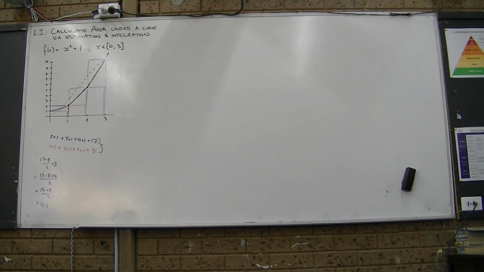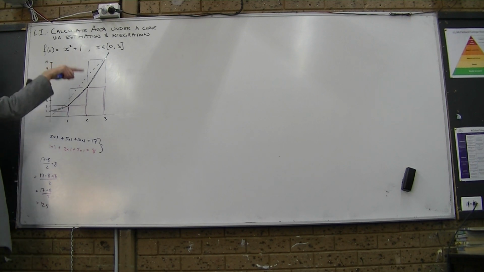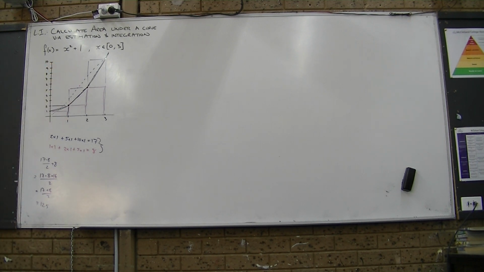So, the way that you tell, the rectangle will touch it on this side. So the point of interest for all the blues is on the right side of the rectangle. Now, at the end of the day, it doesn't really matter that much because you're going to do one or the other.